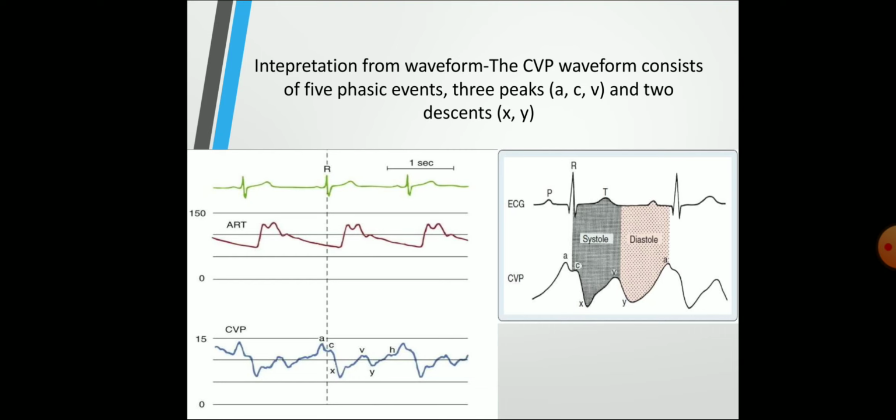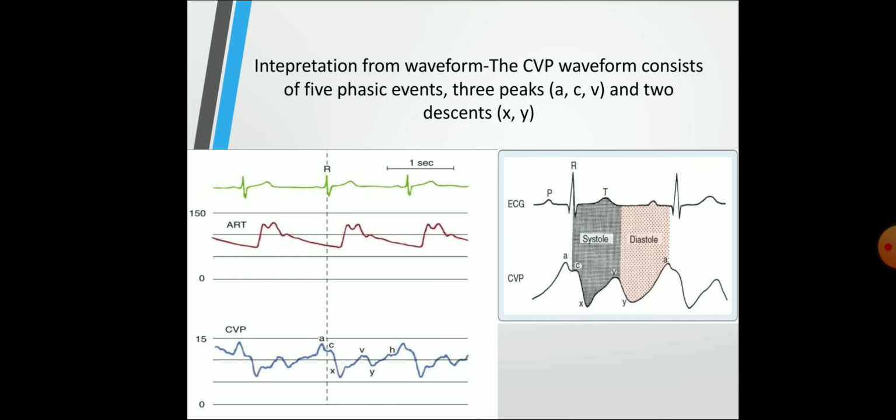If you look at the CVP waveform, there are two things to note. There are steep ascents and there are steep descents. The ascents are named A, C, V, and the descents are named X and Y. How this happens and what the significance is, I will explain.